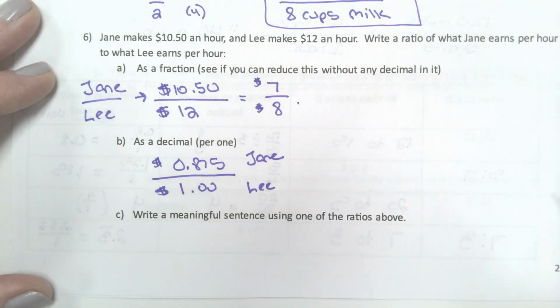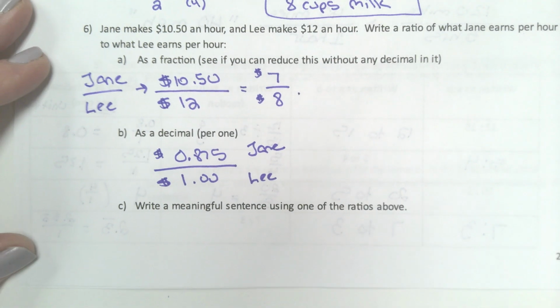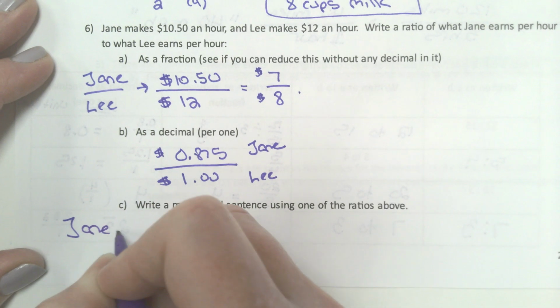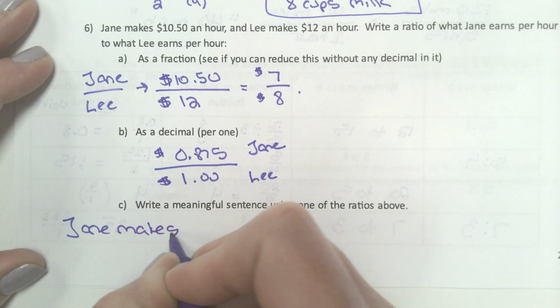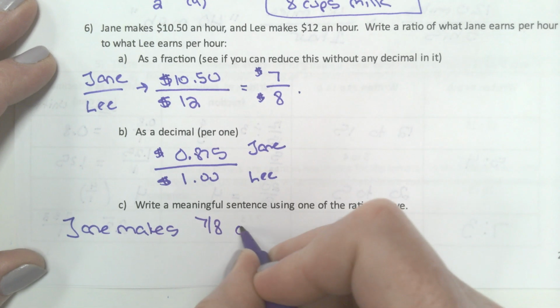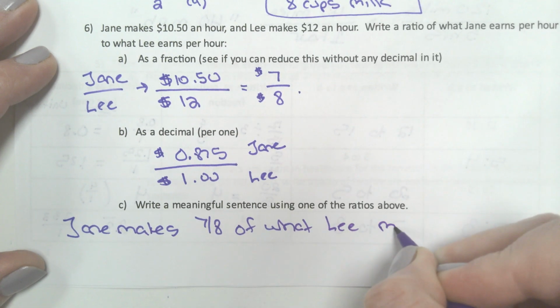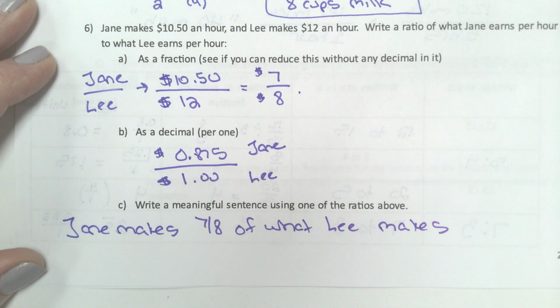So if you were to use that top one, one way that you could say it is Jane makes 7/8 of what Lee makes.